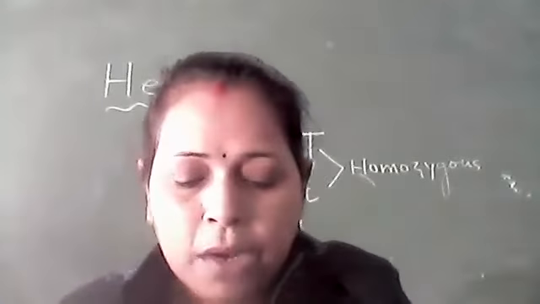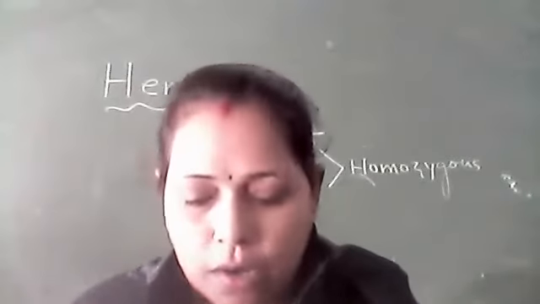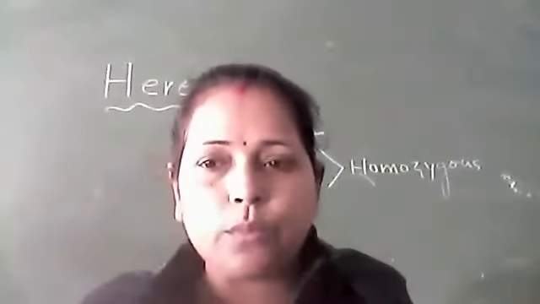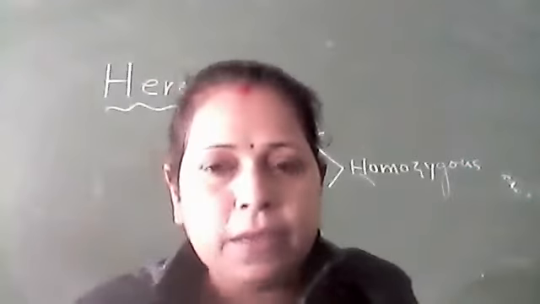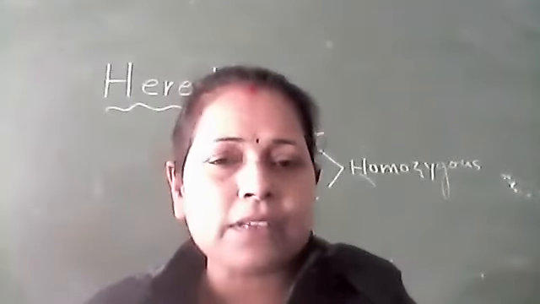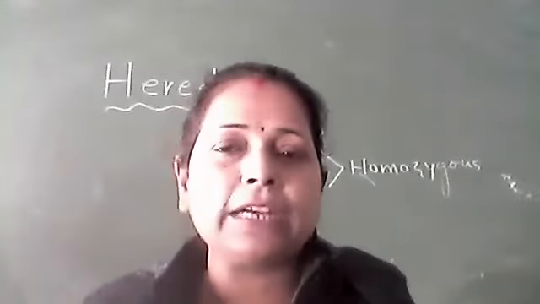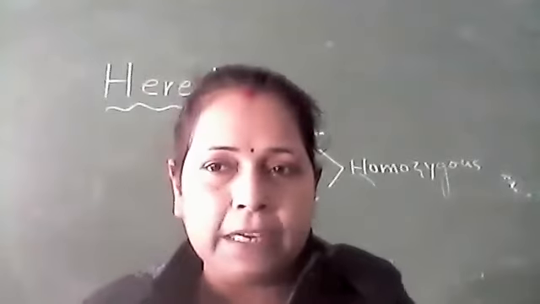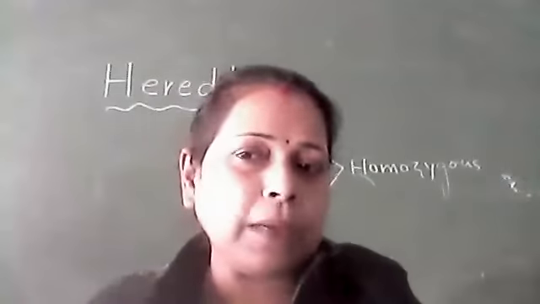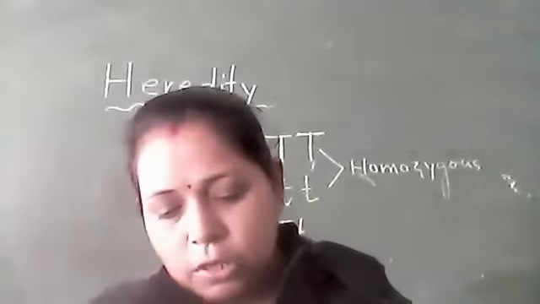Mendel ने क्या किया? True line breed लिया tall plant का. I think now you understand the meaning of true breed. Pure line breed he took, means for several generations from that particular plant, only tall plants he obtained. And similarly, for several generations from the short plant, he obtained short plants.